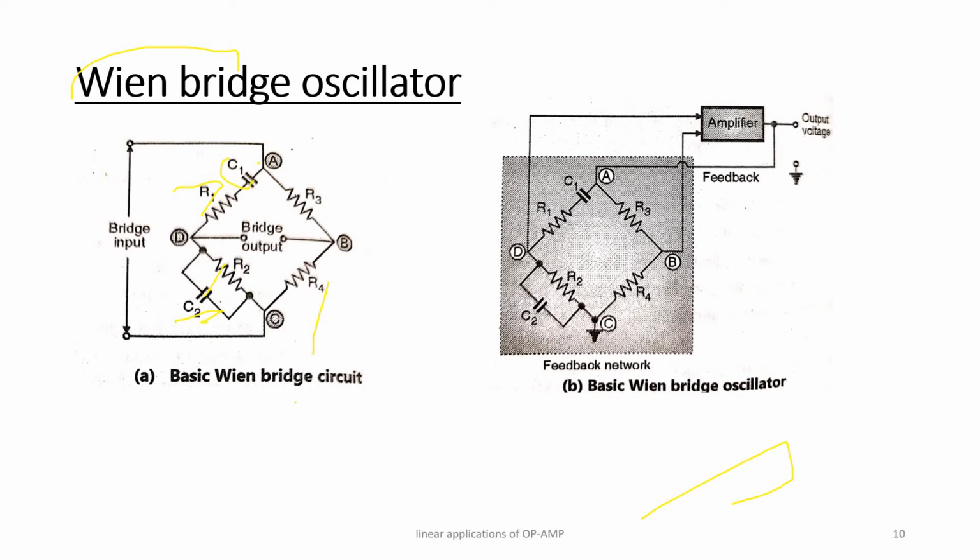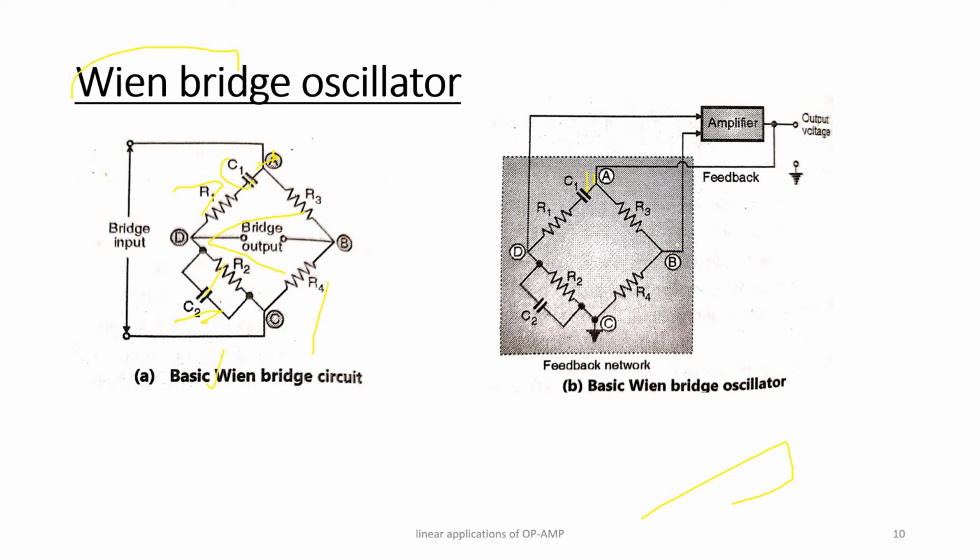The AC input voltage is applied between points A and C. When the Wien bridge is used in an oscillator circuit, the feedback voltage is applied between points A and C as shown in figure B. The AC output of the bridge is obtained between B and D of the bridge.